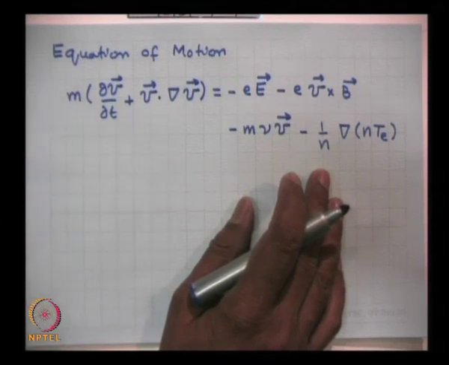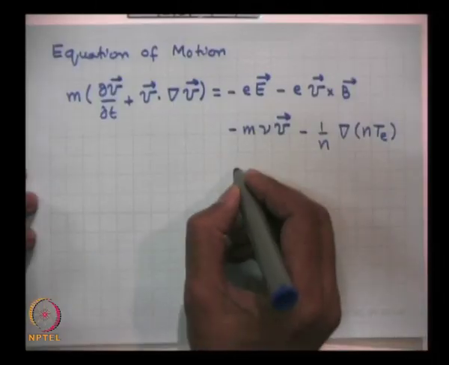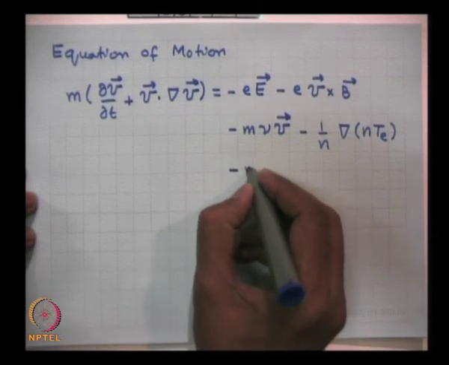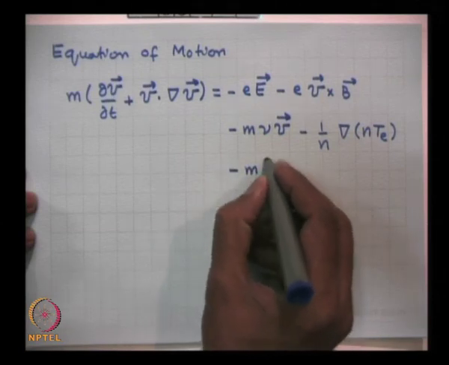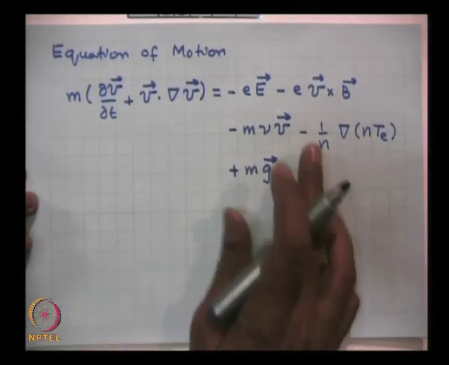Well, in some cases, like plasmas in stars and the sun, there is a gravitational force also. So, to the right hand side one must add a term. If gravity is g, then plus mg, a force due to gravity, should also be added there.